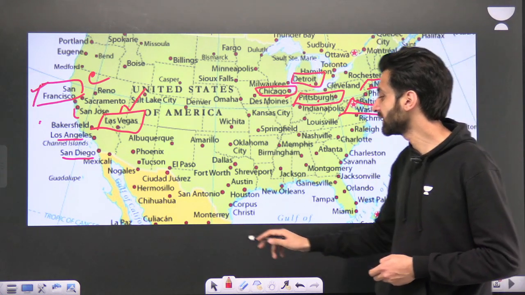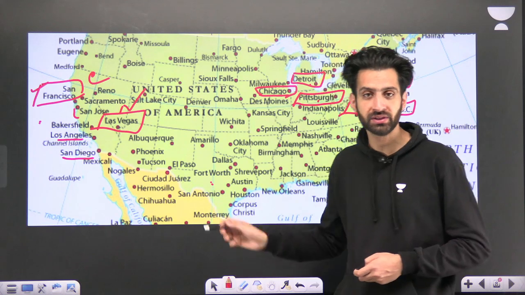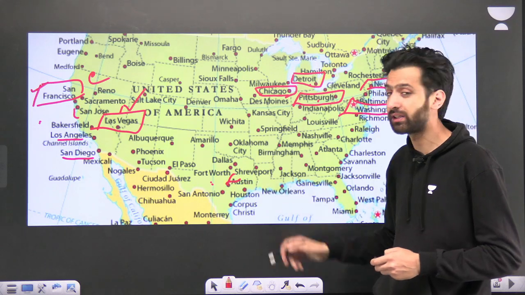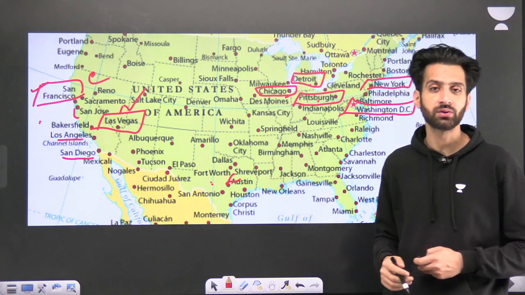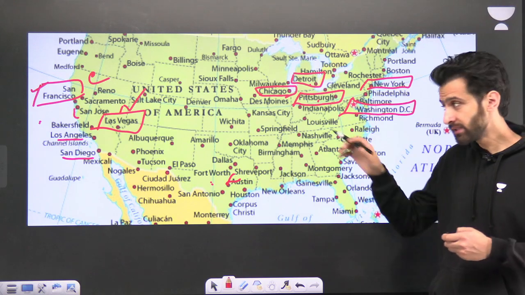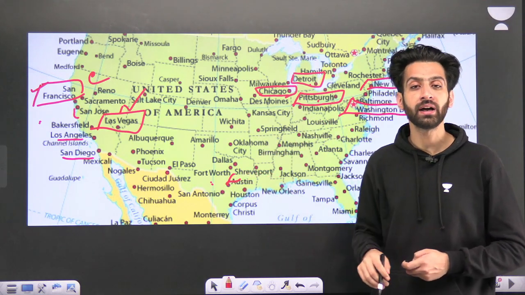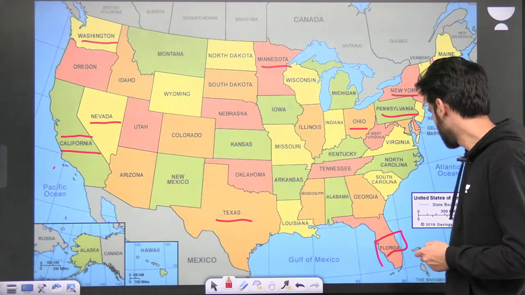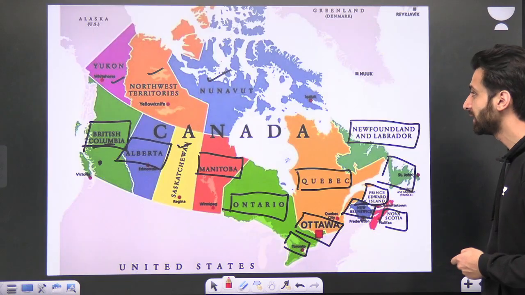Then we have one more place, this Texas. It is the largest state. Texas, you should know, is the largest state in the mainland United States of America. But when you look at the overall largest state, it is Alaska. If you look at this map, it shows Alaska as well.